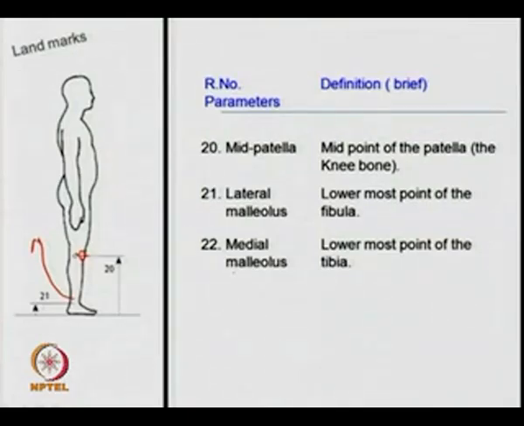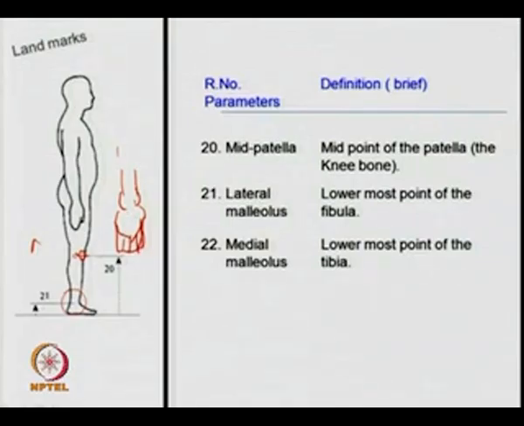Now, medial malleolus and lateral malleolus. If we see this leg from the front side, it is like that. These two bony projections are there.